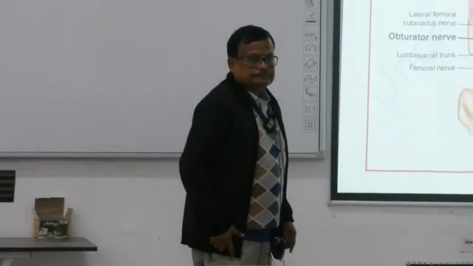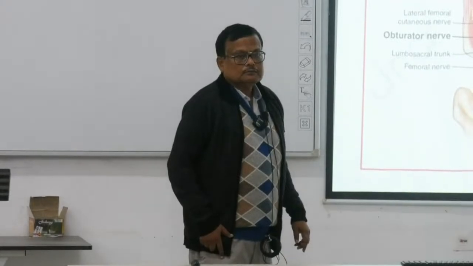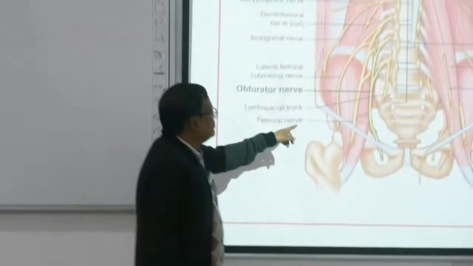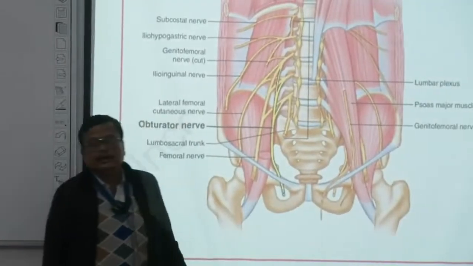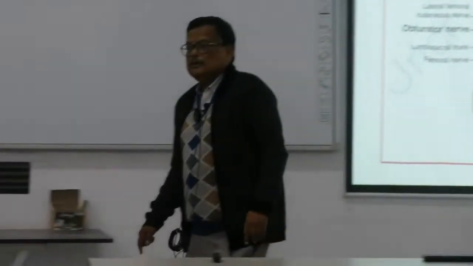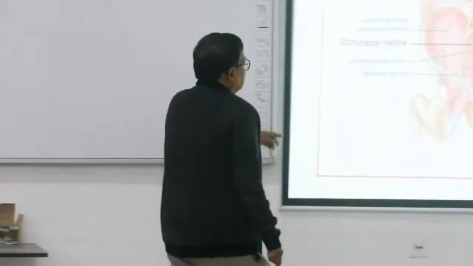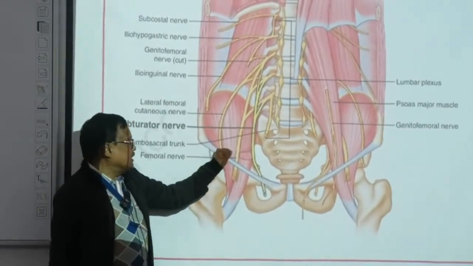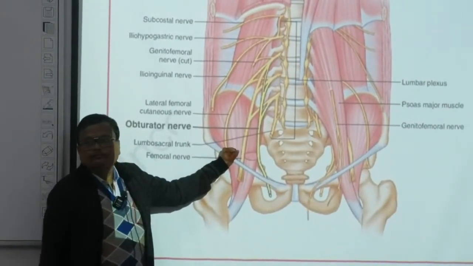This area. So the lateral femoral cutaneous nerve has a clinical anatomy. As it passes below the inguinal ligament, there is a chance of compression of this nerve.